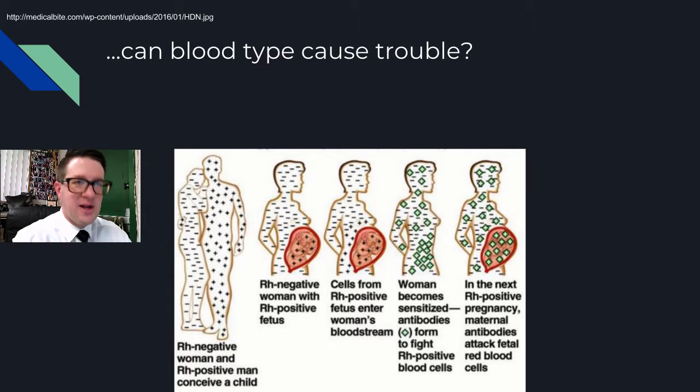The catch is, if the mother gives the infant the instruction to attack anything that is Rh positive, she is going to attack her own baby. And the result is you run the risk of killing the newborn, hence the hemolytic disease of the newborn. So you get tested for this, and they'll suppress the immune response in order to save the baby.